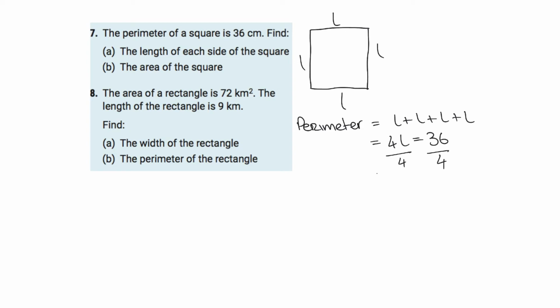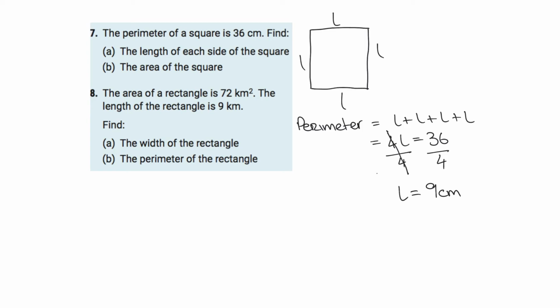Why? Because whatever is multiplying the L here, 4 times L, we've got to reverse that. So if we divide by 4, that's going to cancel out the 4 on the top. And I'll get L. And 36 divided by 4 is 9. So the length of each side on this square is 9.